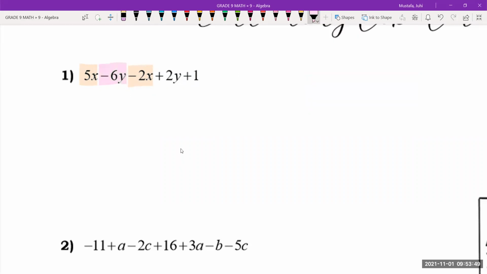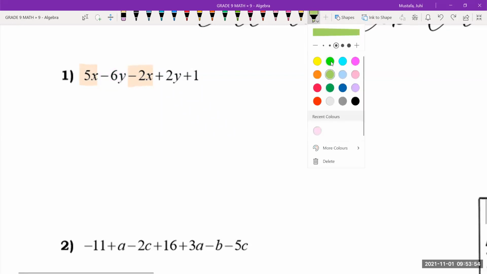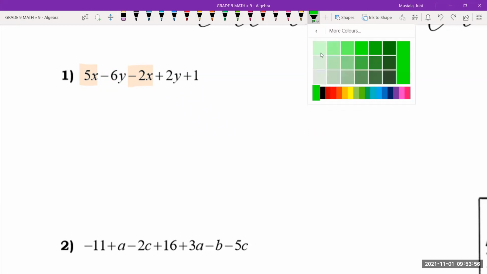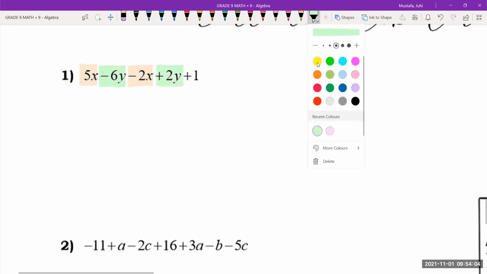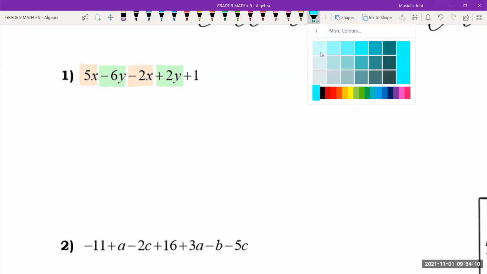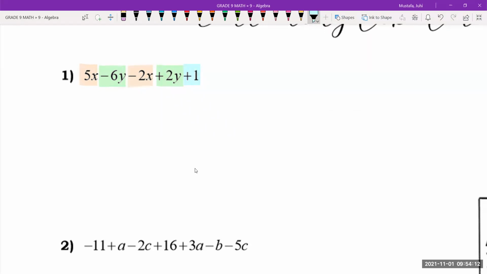Is that too similar? Maybe I'll try green. Saoirse, what looks like a negative 6y? Positive 2y, good. And is there anything on this sheet that looks like a positive 1? In other words, is there any other constant? No. So that positive 1 stays where it is.